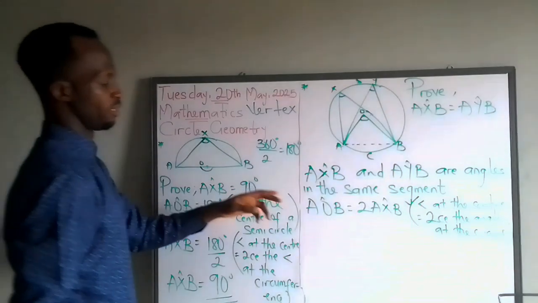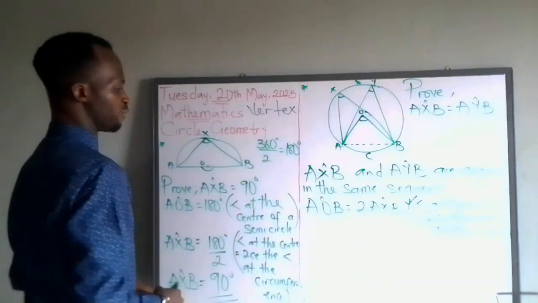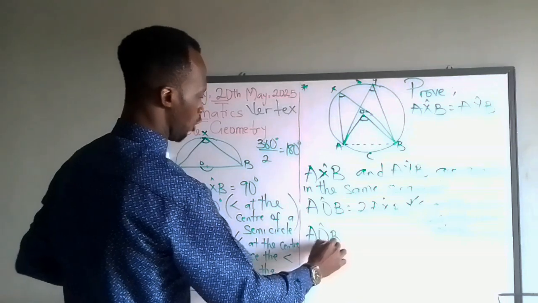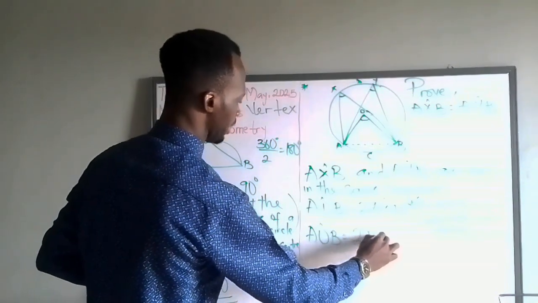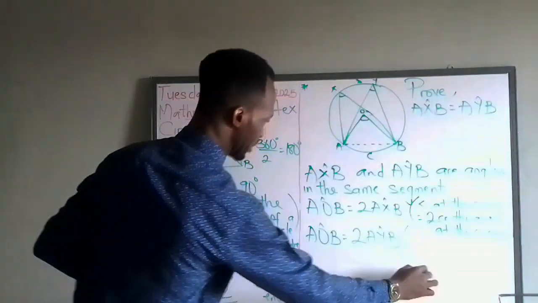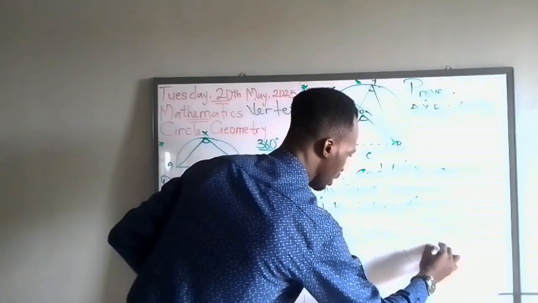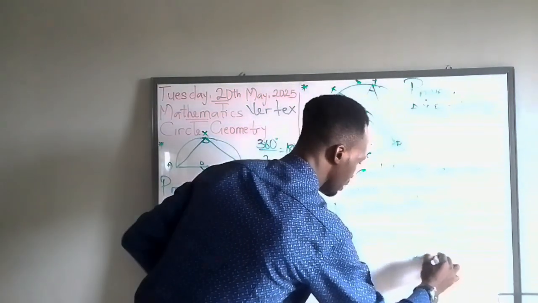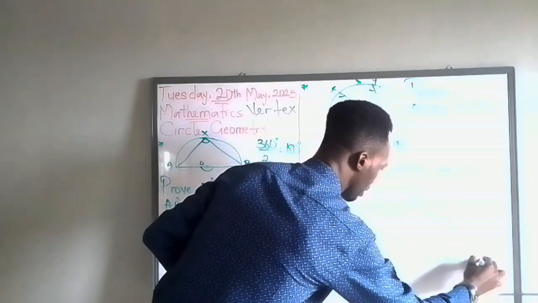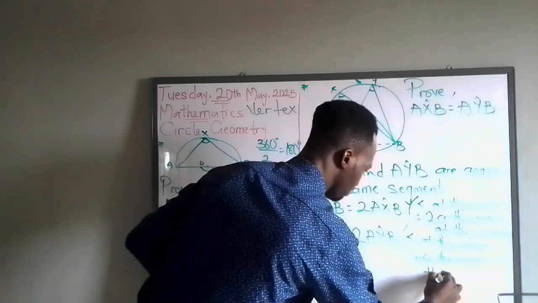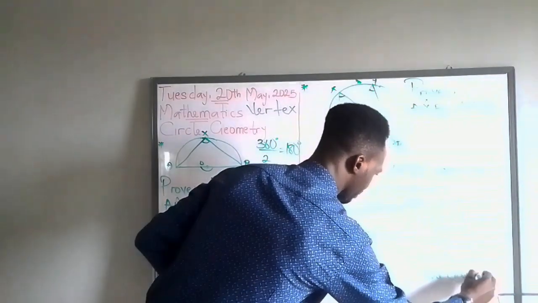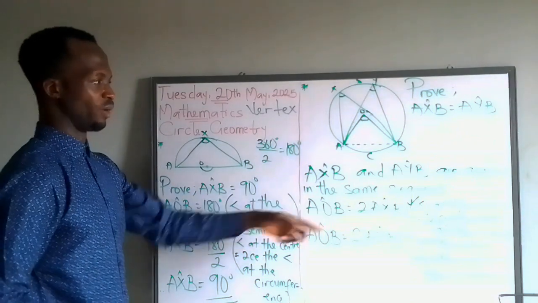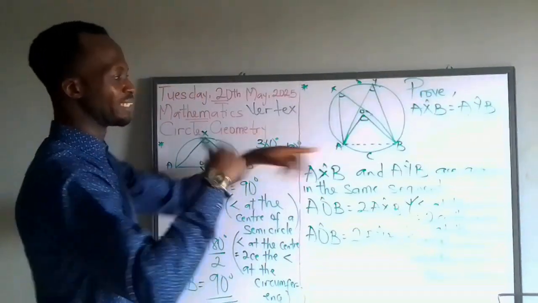So that is for AXB. The same thing for AYB: AOB is also equal to 2AYB. Same reason: angle at the center is twice the angle at the circumference. Now both of them relate to AOB.